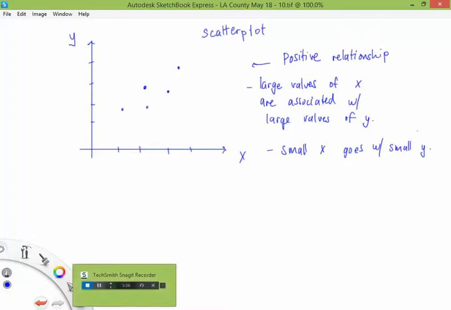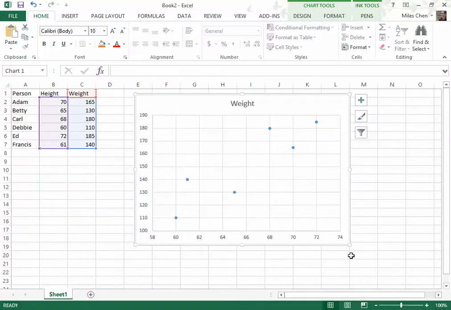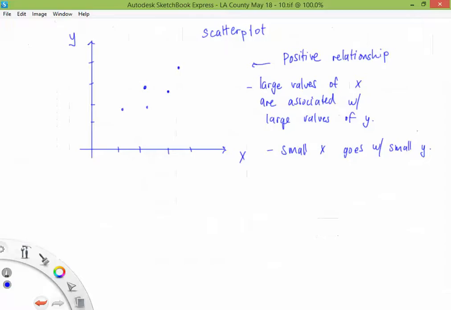Okay? So going to my scatter plot, what is my x variable? What's going across my x-axis? The height. Height is x, and y is weight. So in that scatter plot, x is height, and y is weight.